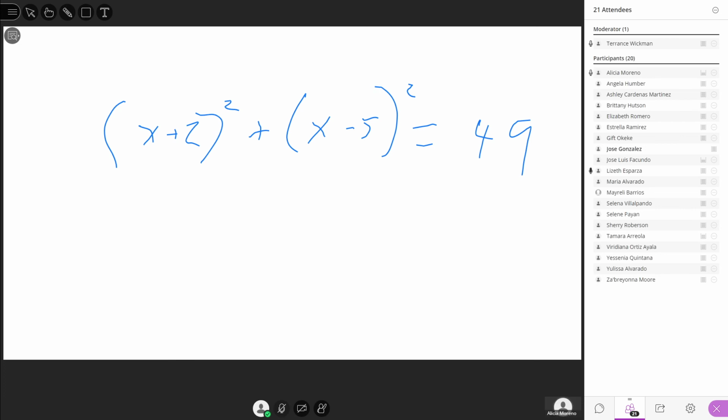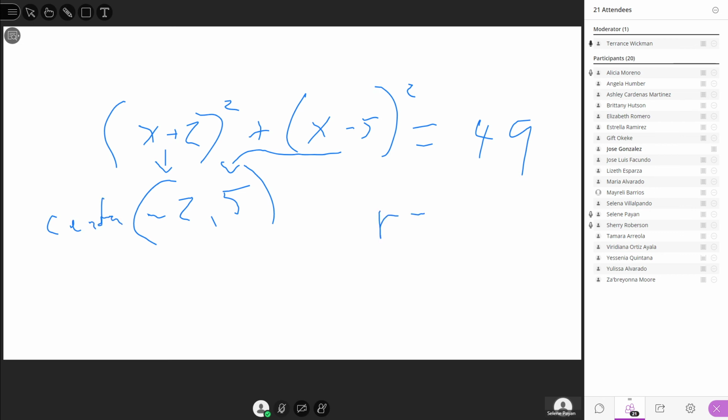The square root of 49. Nope, that's the radius. What is the center? The x minus 5, negative 2, 5. The 2 and the 5. Yes. The center comes from here, making it negative, and here, making it positive. That's the center of the circle.